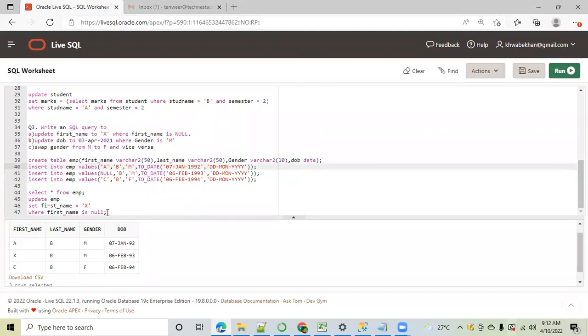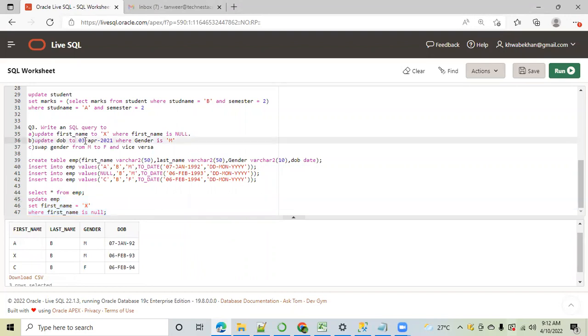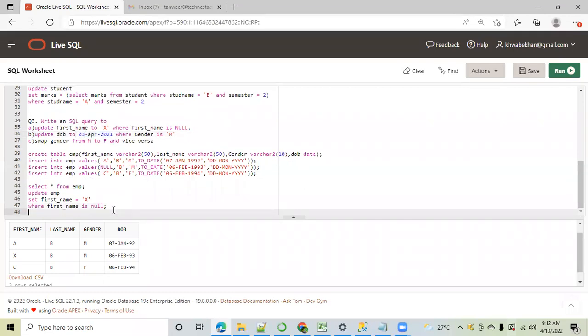Any questions so far? No questions. Now the next one is update date of birth to 3rd April 2021 where gender is M. Wherever gender is M, I want the date of birth to be updated to 3rd April. Again very simple.